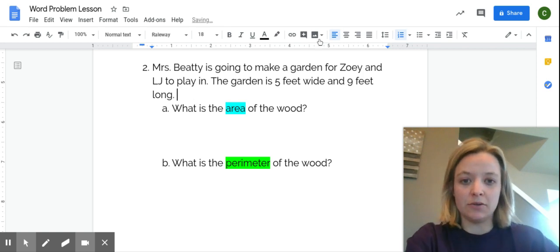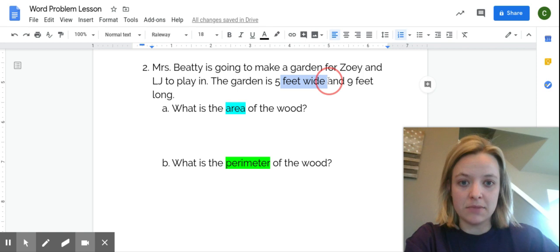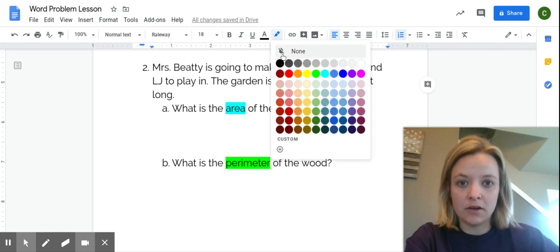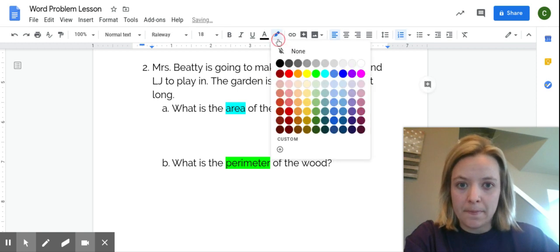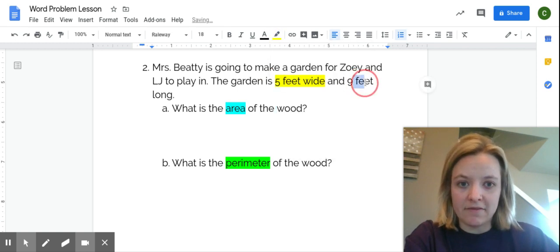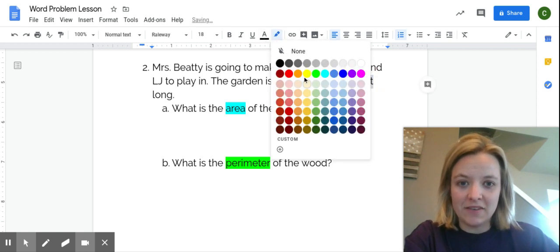First step, we need to highlight our key information, which is our dimensions of the garden. That way we can quickly look back at that information and have it help us. So I have 5 feet, my mouse is being silly, and 9 feet.